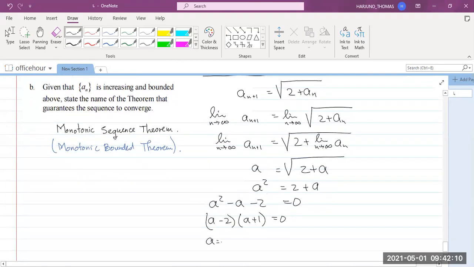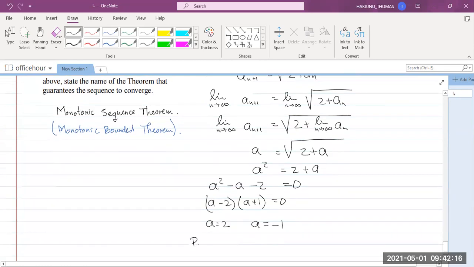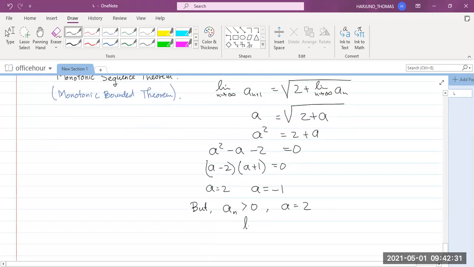So a equals 2 or a equals -1. But since a sub n is always positive, a equals 2 only. In other words, the limit as n goes to infinity of a sub n is 2.